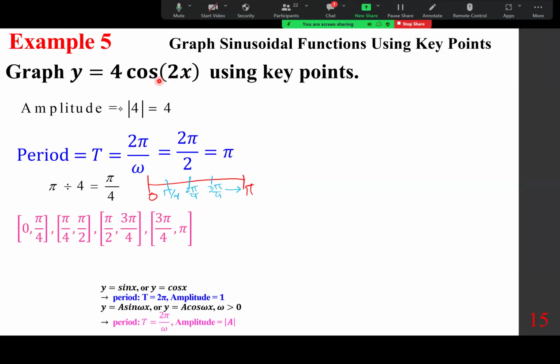So let me actually calculate all of them. So I want y equals 4 cosine 0. I get 4 times 1 equals 4. So that means I have the pair 0, comma 4.